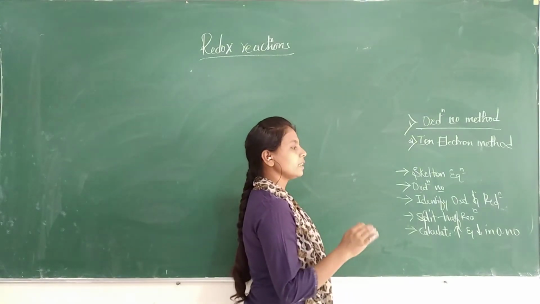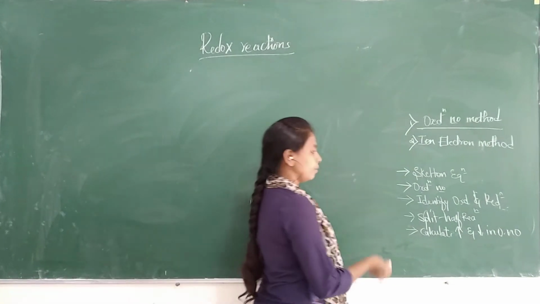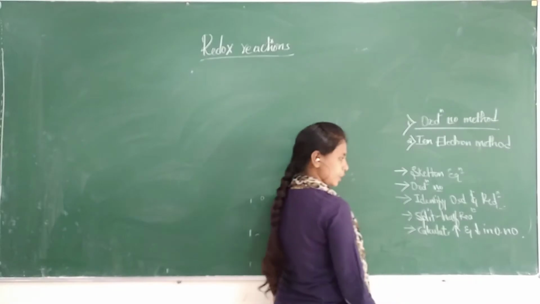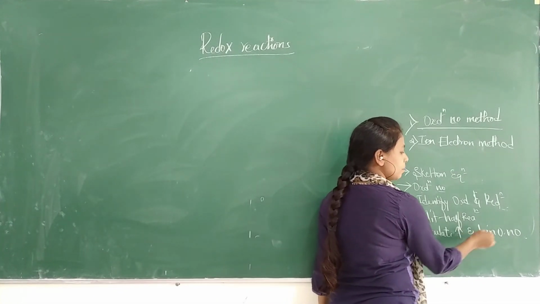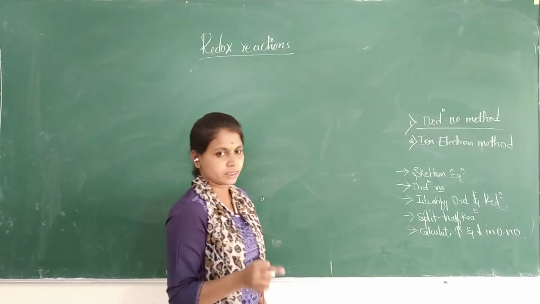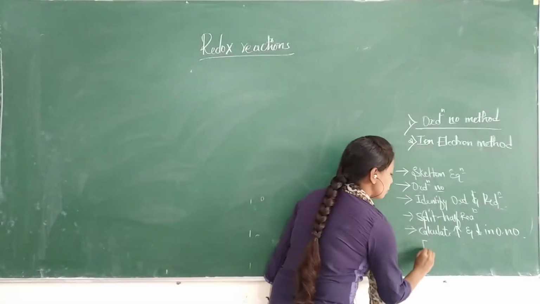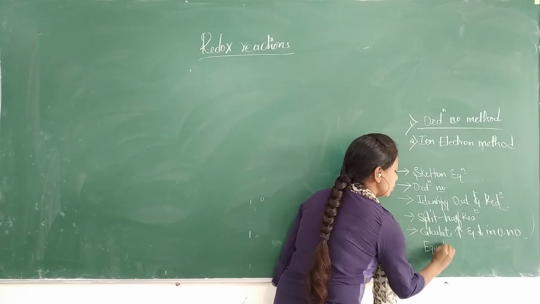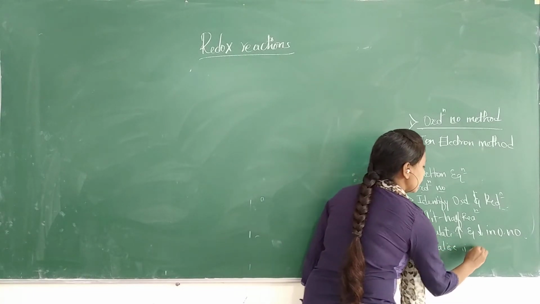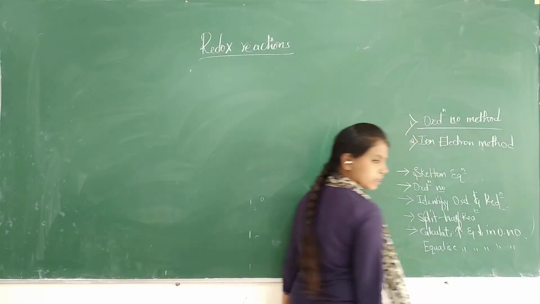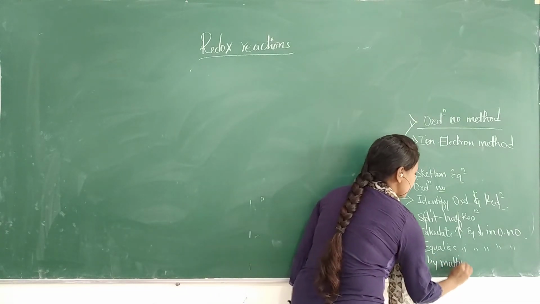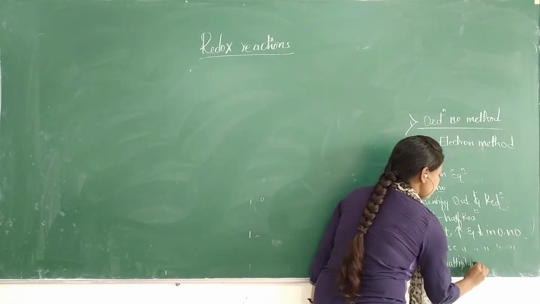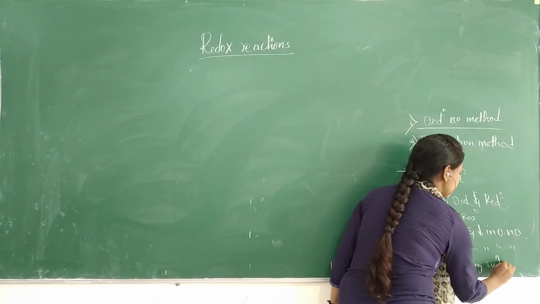As you know, in a redox reaction the increase in the oxidation number must always be equal to the decrease in the oxidation number. Hence we equalize the increase as well as the decrease in oxidation number by multiplying with a suitable integer.